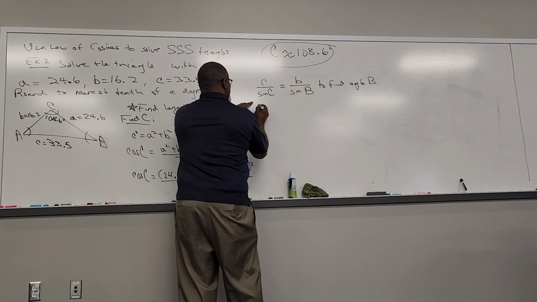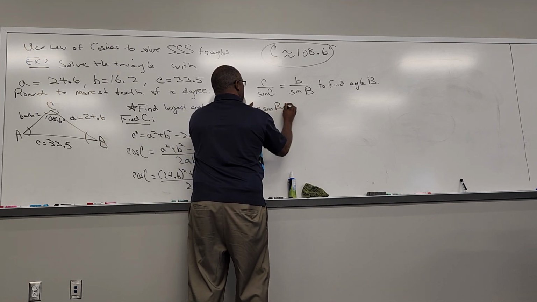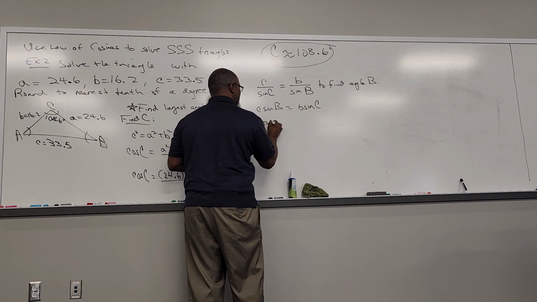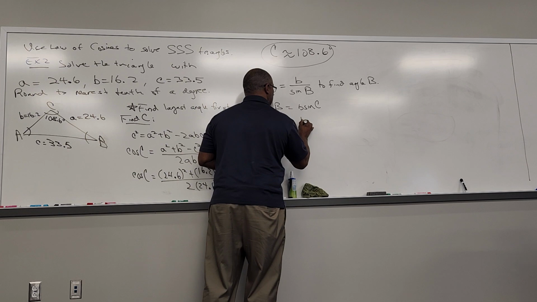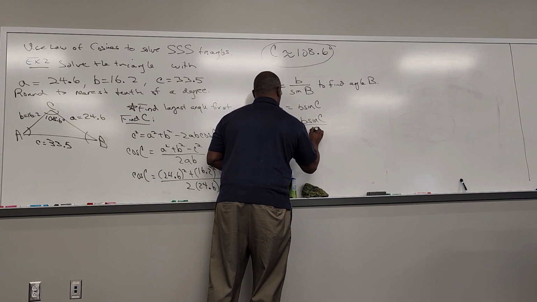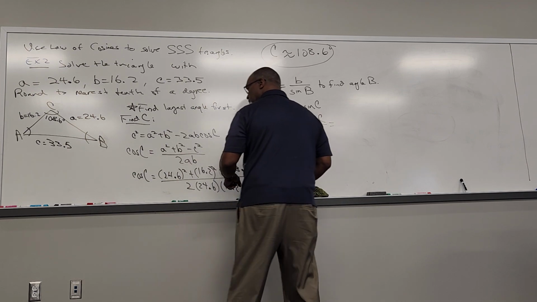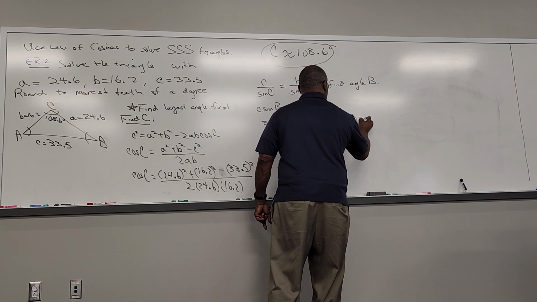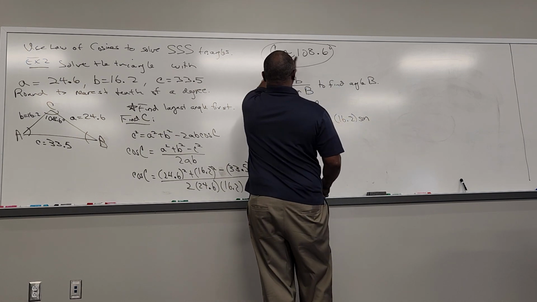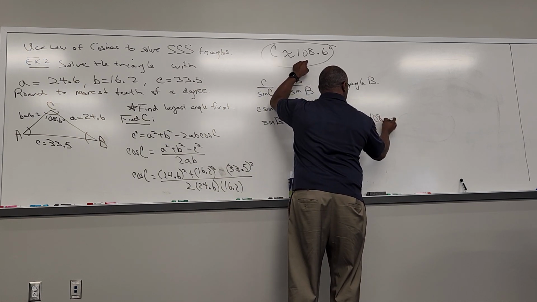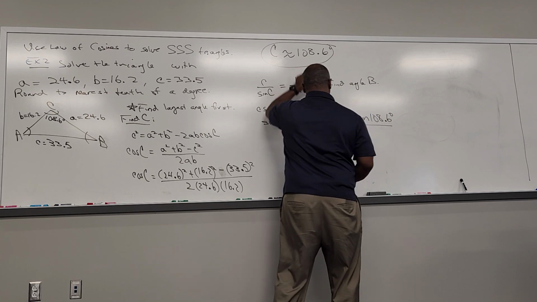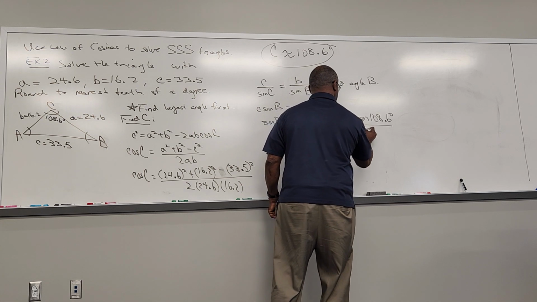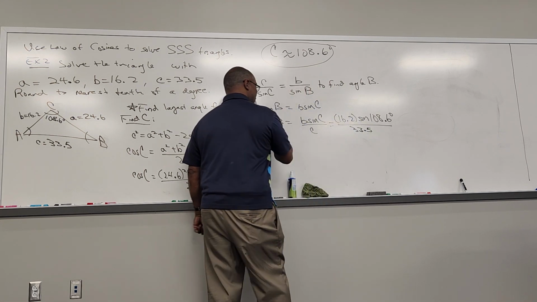So, let's just go ahead and cross multiply, and then divide by c, so that sine of B is equal to b sine C over c. Now plug in b. We already knew b was 16.2 times the sine of angle C. We just found angle C, that's 108.6 degrees, divided by side c. Side c is 33.5. And again, this is the sine of B.